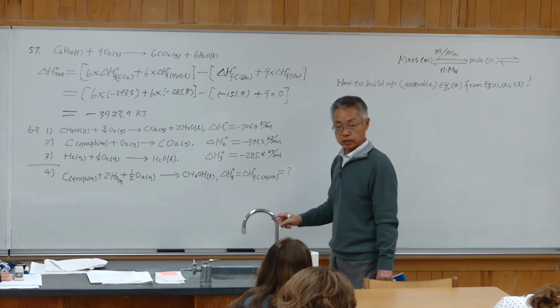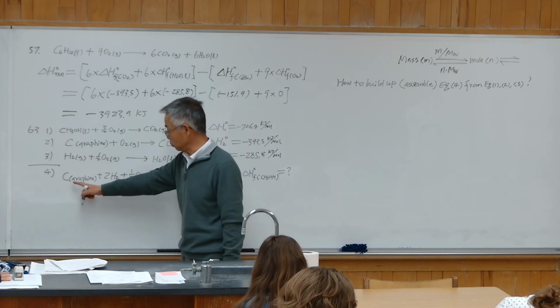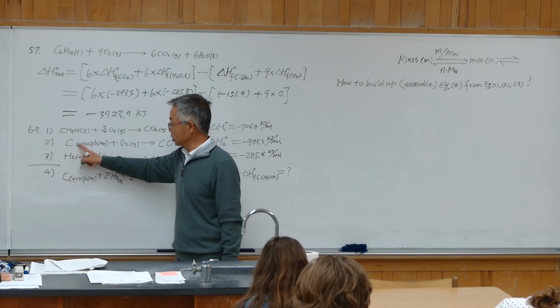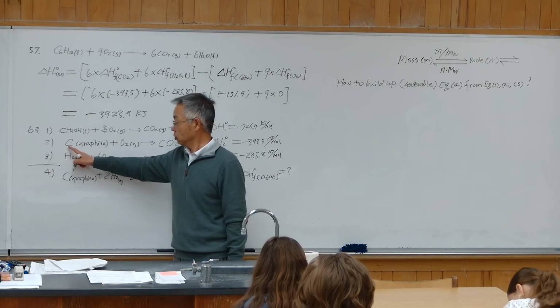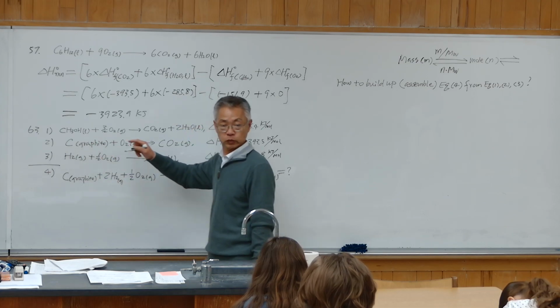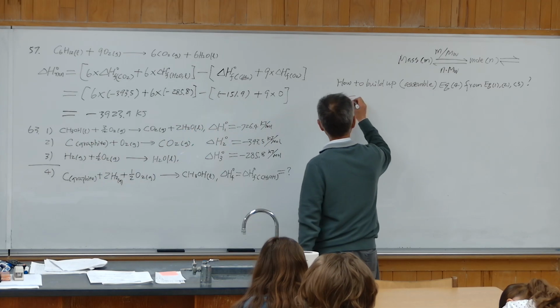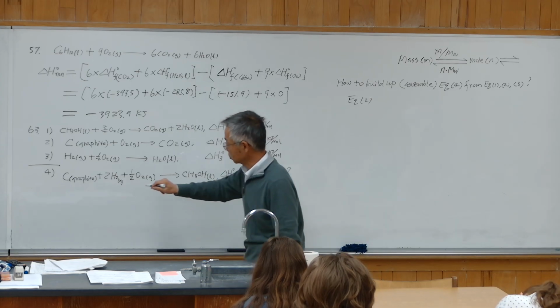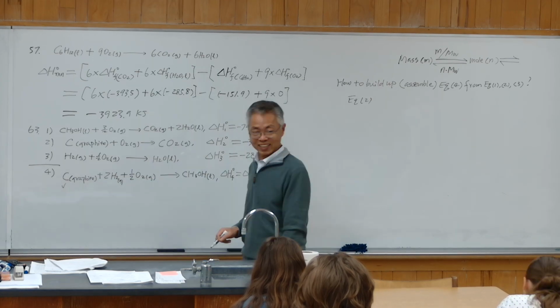You simply take a look at what we need for equation 4. We need a carbon. Then look at these three equations. Which one has carbon? Clearly equation 2. So equation 2 provides a carbon.